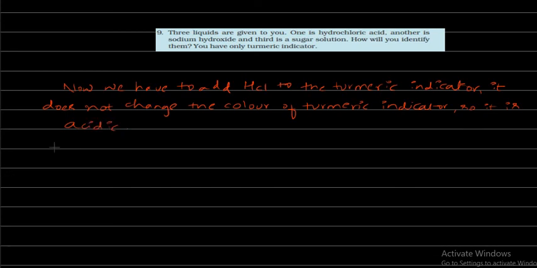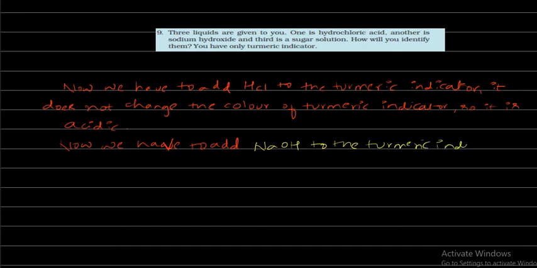Next, how can you identify a base using turmeric indicator? Now we have to add NaOH, that is sodium hydroxide, to the turmeric indicator.